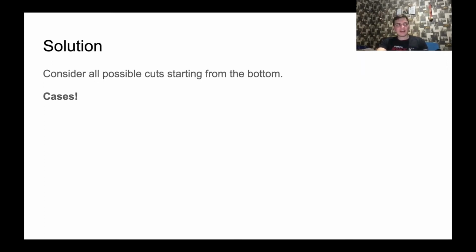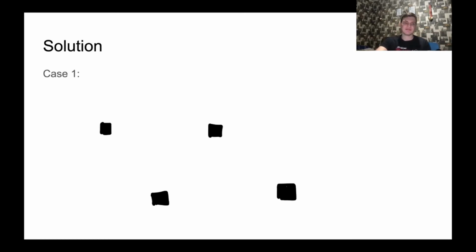In general, there are two main cases where some of them are symmetric. So overall, there are actually 4 cases. No, actually even 5. But if you consider the symmetries, there will be only 2 cases. Maybe 3, depends on what you consider a case. But without further ado, let's go to the cases.